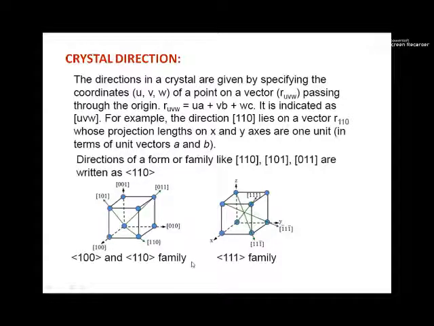Again for the cubic crystal system there are 1 1 1 family directions. The 1 1 1 family is represented as the diagonals of this cube. So if you choose a diagonal of this cube, each diagonal falls under this family. Okay, so these are the families of directions in the crystal system.